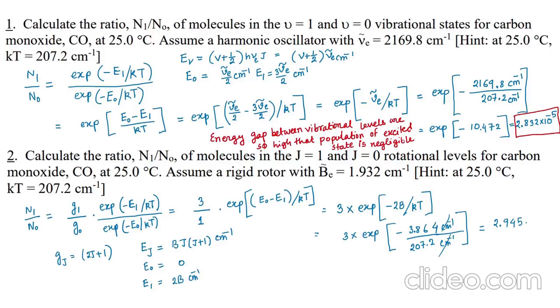So see here, even if at ground state there is one molecule, in my first excited state, rotational excited state, there are three molecules. So see the energy gaps, the population at the higher energy levels can be higher than the ground state. What I am trying to say is that the energy gaps are very small here.